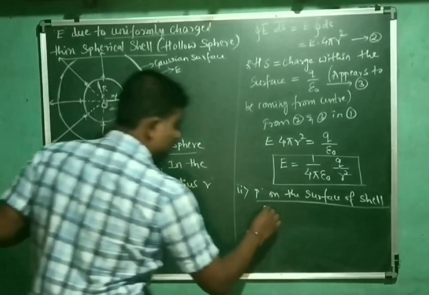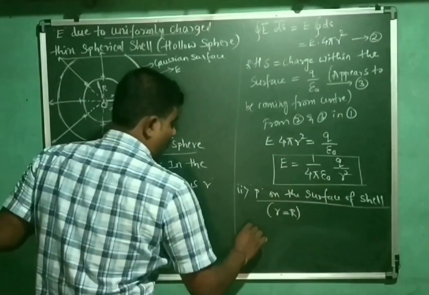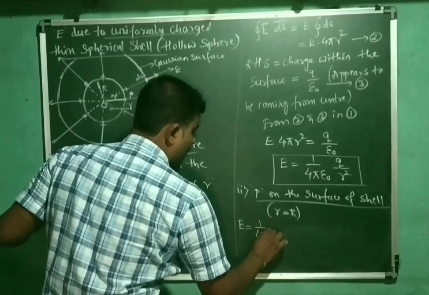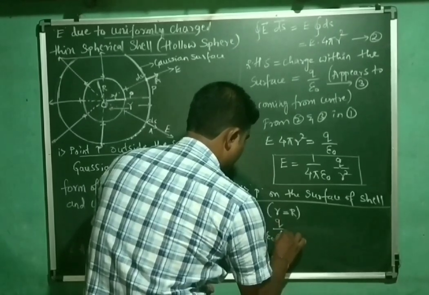You can observe here. Therefore, r is equal to R, and the formula is E is equal to 1 divided by 4 pi epsilon naught Q divided by R square.